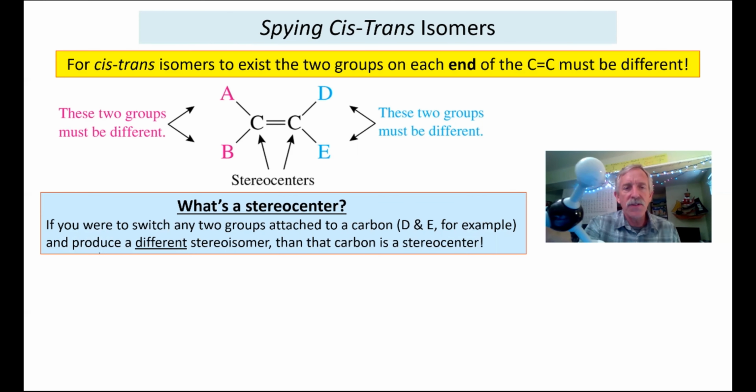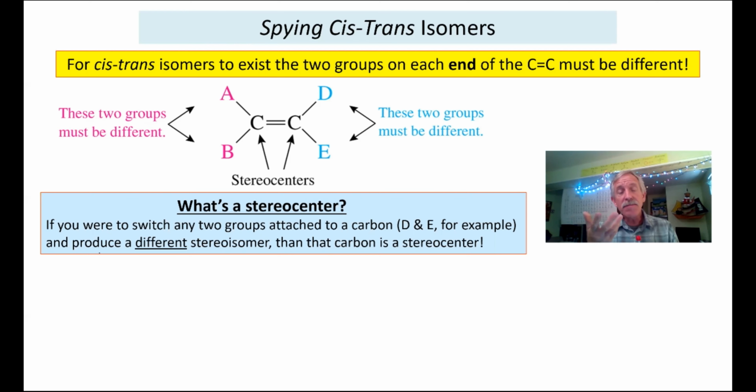So what if the two groups on the end are exactly the same, like these two hydrogens? Then there is no stereocenter here, because I could turn this molecule over and you couldn't tell which hydrogen was the higher priority or bigger piece or smaller piece. There is no bigger or smaller if they're exactly the same.